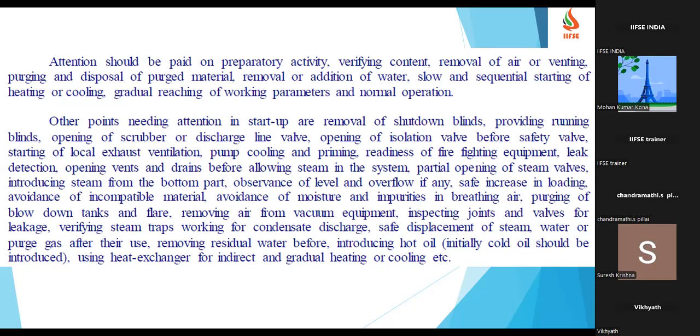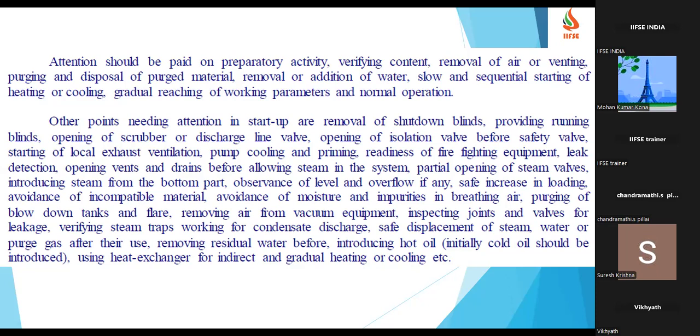remove the shutdown blinds. Shutdown blind in the sense, it is a kind of plate we put in between the pipe, so no material will pass into the equipment, or it will not go from the equipment to other pipelines. These are the shutdown blinds, and it is an obstruction.